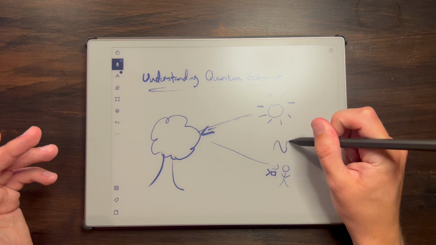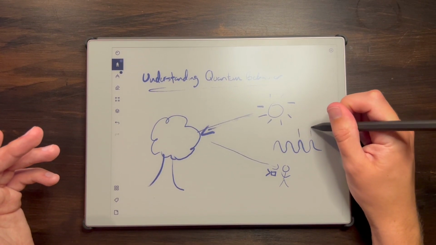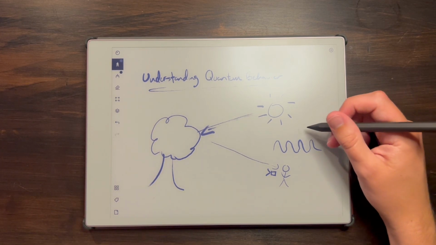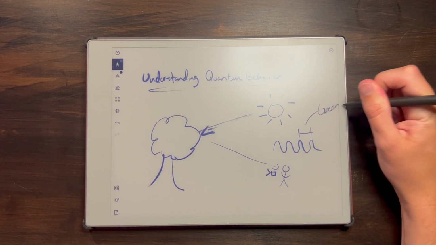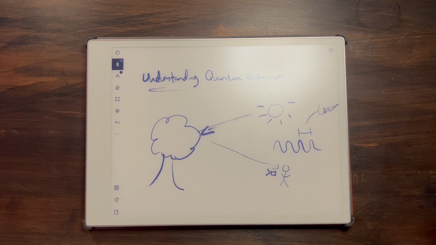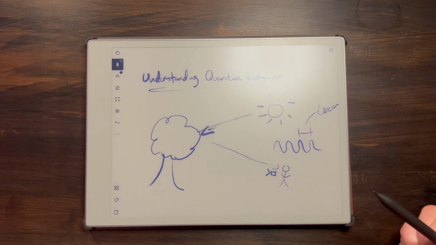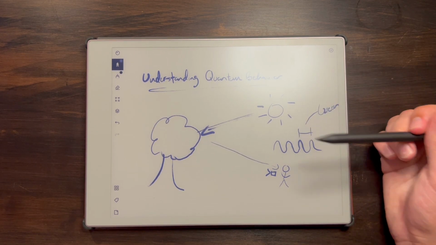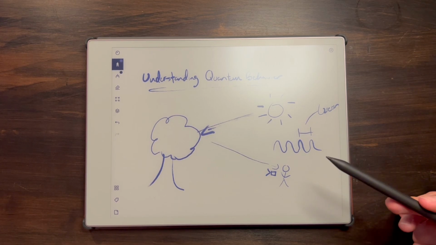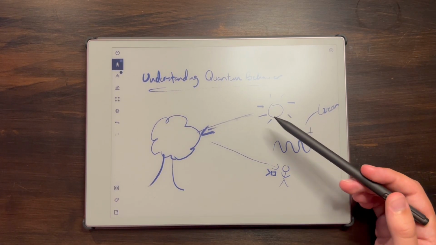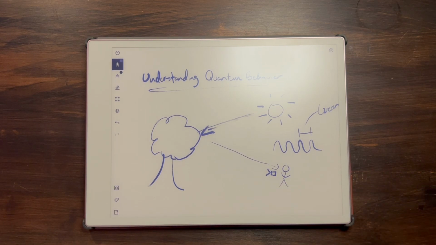So light also operates as a wave with a specific wavelength, and that wavelength corresponds to the fact that it's green. So now you start to get into the weirdness of quantum behavior, because at its most fundamental level, we've reached something called the wave-particle duality, where light acts both as a particle and as a wave.